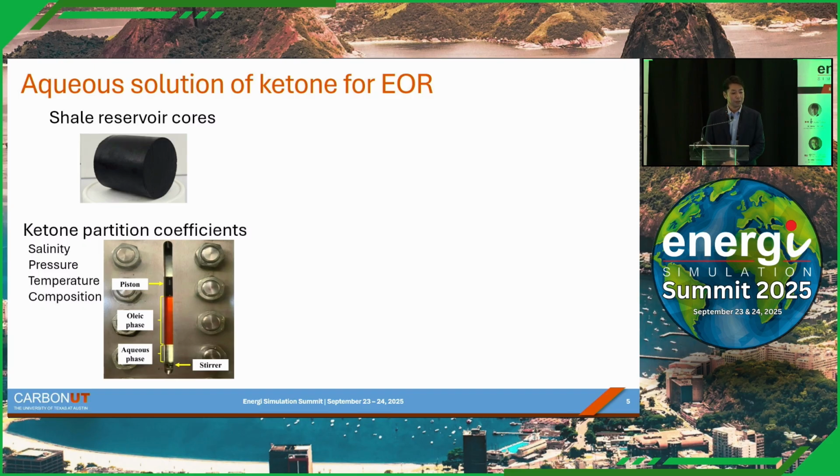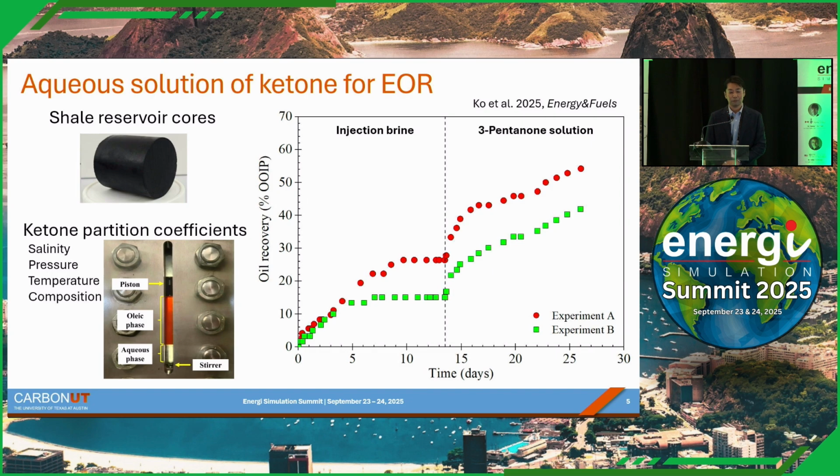In this particular case, we tested the reservoir shale cores of preserved wettability, and along with a PVT experiment that quantifies the partition behavior of ketone into liquid phases, we did various flooding or soaking experiments. So this particular figure is about spontaneous imbibition results for 2 shale cores, and each case had 2 stages.